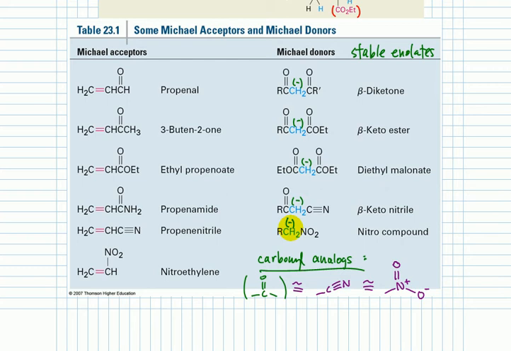The Michael acceptors, look at what's in common between all of these. If we have a molecule that's a Michael acceptor, these are all unhindered at the beta position.